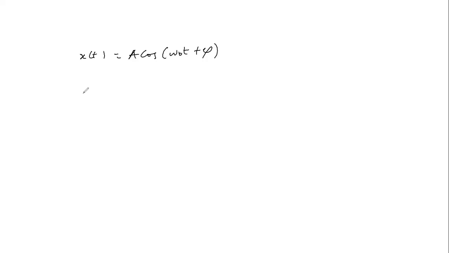Now, we already know that this is a sinusoidal signal, such that it is periodic with a period T naught equal to 2 pi over omega naught.